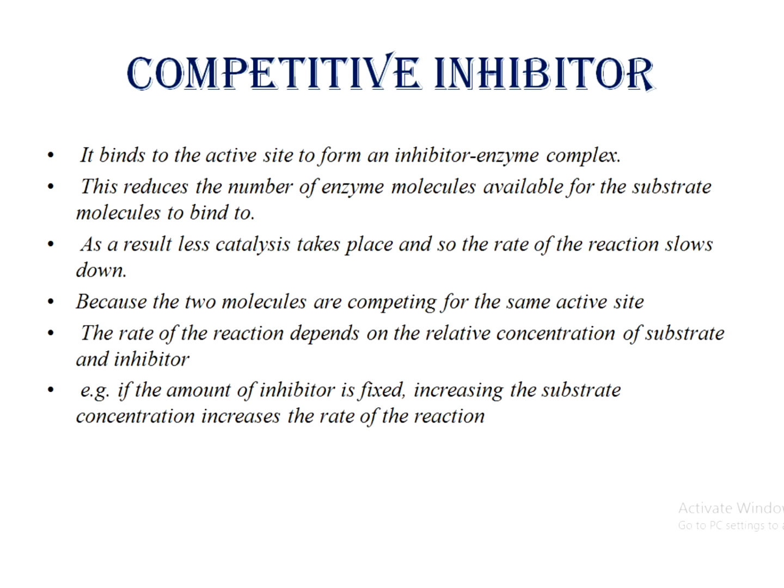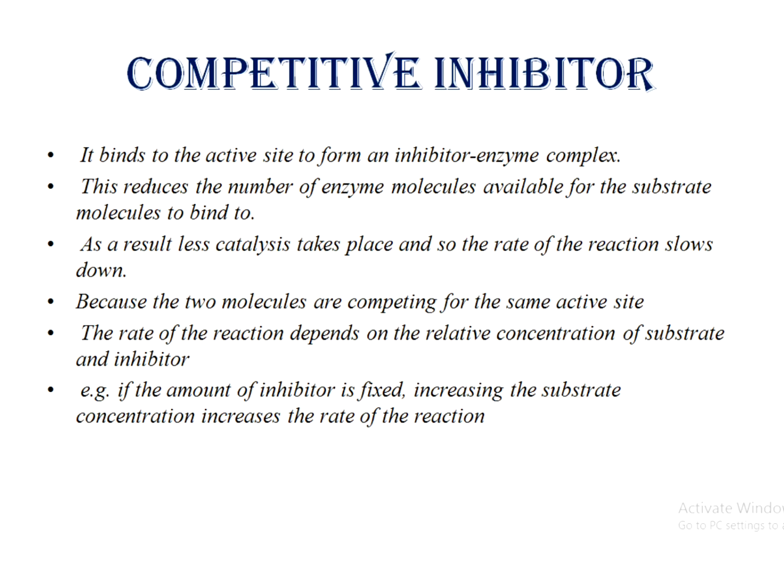First one, competitive inhibitor. In competitive inhibition, the inhibitor binds to the active site and results in inhibitor-enzyme complexes. So here there will be competition between inhibitor and substrate, and they reduce the number of enzyme molecules available for substrate molecules to bind.